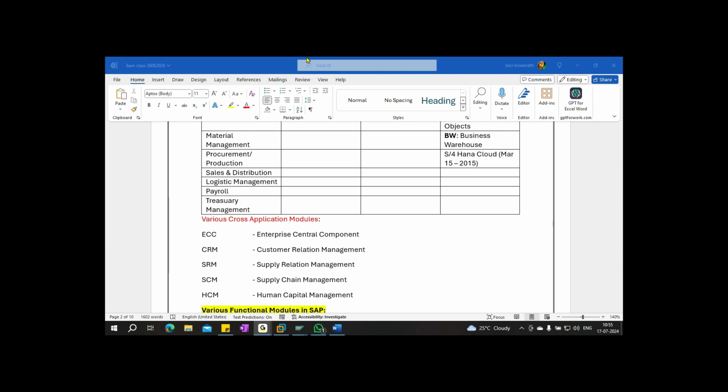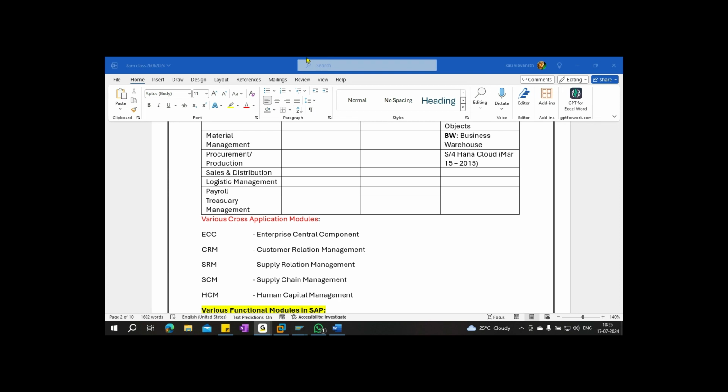IKEA is already using SAP software, so for transportation they choose ECC with SRM, Supply Relation Management. Clear? It differs client to client. It's a client specification. If your client requires ECC with CRM or SRM or SCM or HCM, the design is based on the client specification.